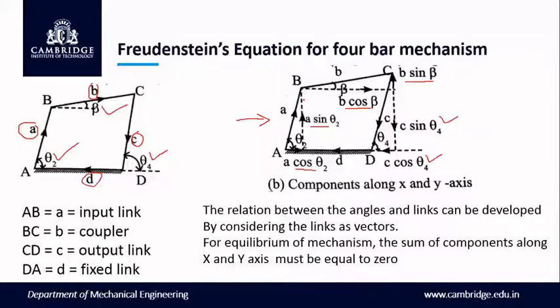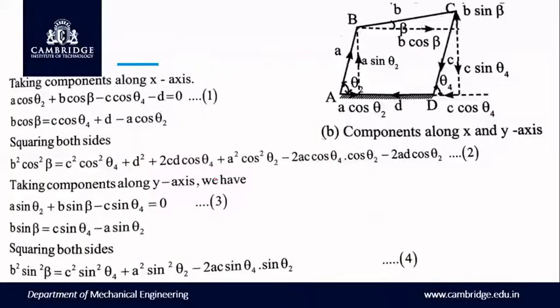We know that for equilibrium of the mechanism, the sum of components along x and y axis must be equal to 0. Let us take components along x axis.